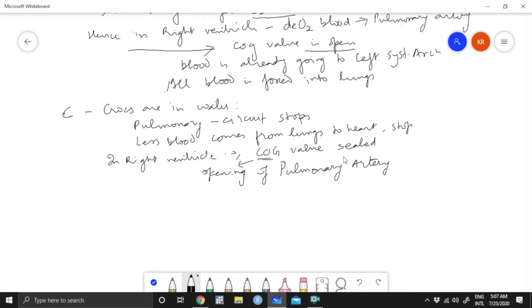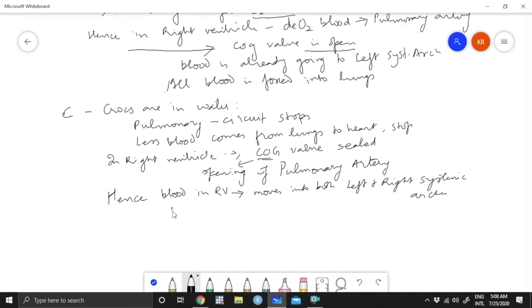Now, if this is sealed, hence blood in the right ventricle moves into both left and right systemic arches.